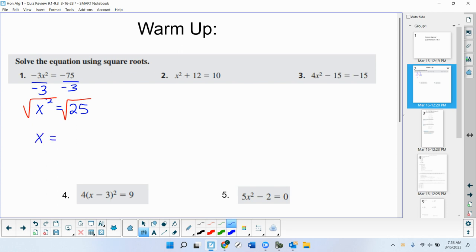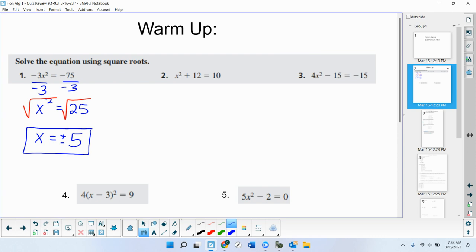X equals 5. What did you forget? The plus or minus. Because remember, back at this step, x squared equals 25, 5 times 5 is 25, and -5 times -5 is 25. Questions on number 1?